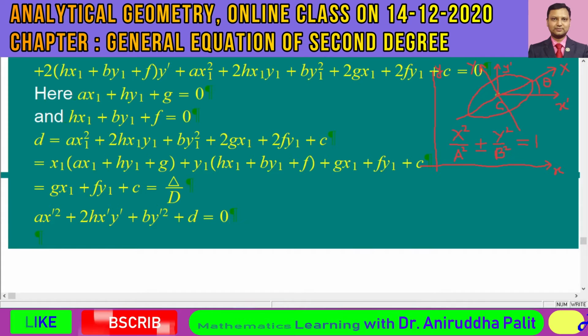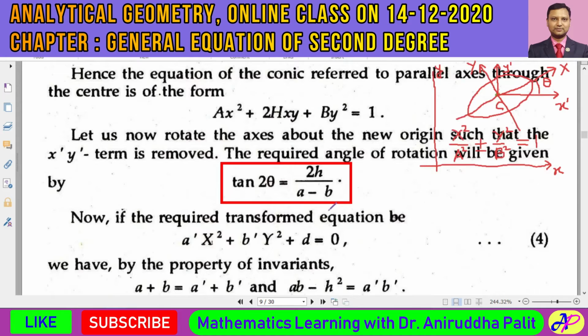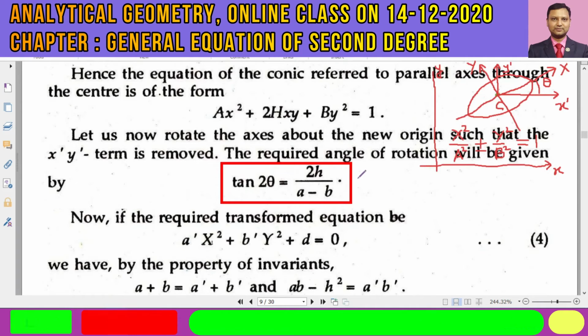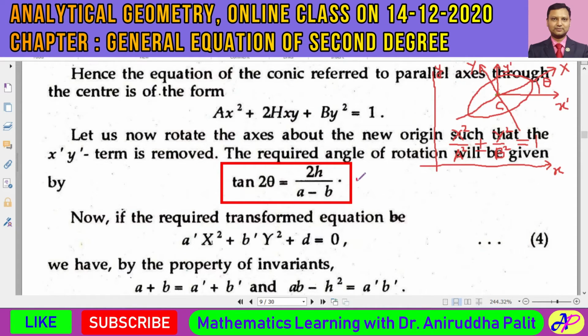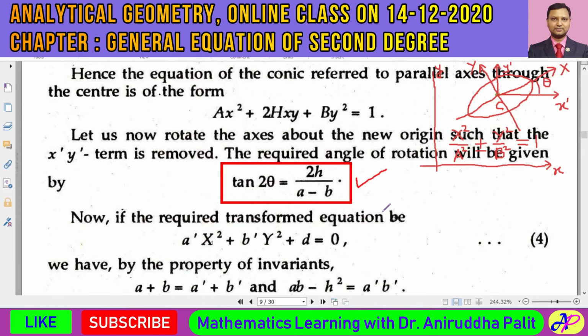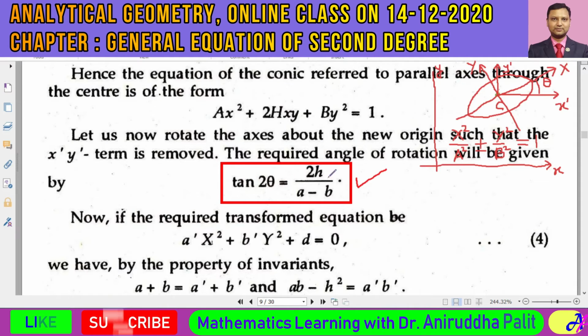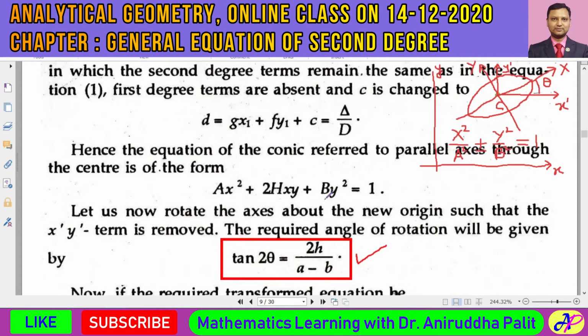And we already have this result: tan of twice theta is equal to twice h by a minus b. This has been discussed in the first chapter as well as in the previous lectures of this chapter, in general equation of second degree. Tan twice theta is equal to twice h by a minus b.